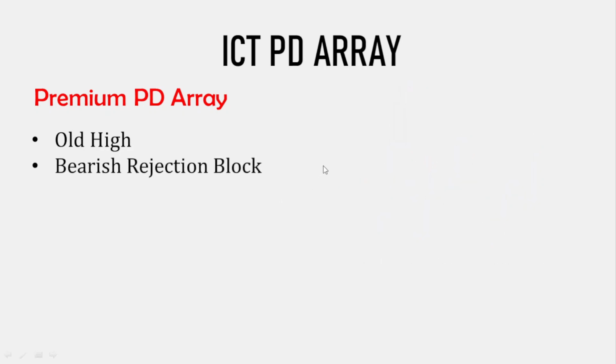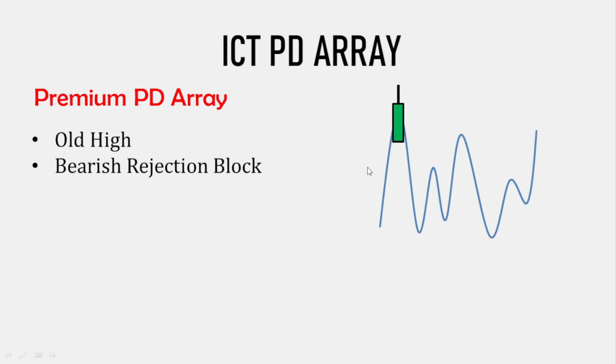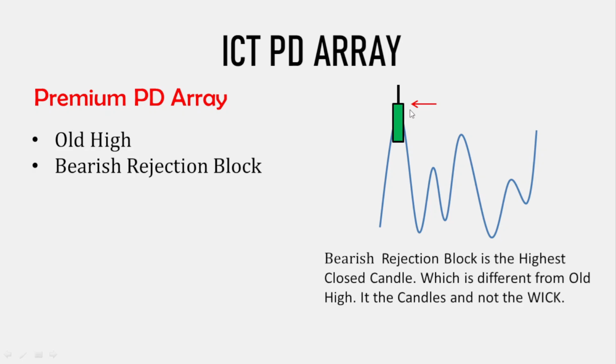There's another PD array, which is a bearish rejection block. A rejection block is similar to an old high, but we look at the body of it. Price may go to the upside but cannot reach the old high, so it takes out buy side liquidity above this closed bullish candle right here, which is a rejection block, and it works the same way.